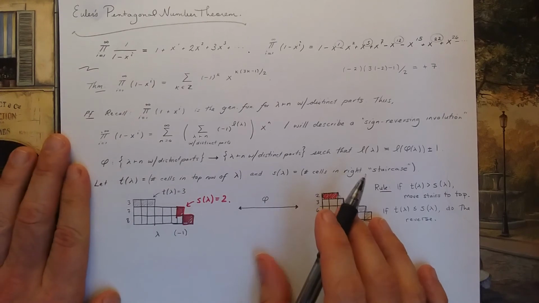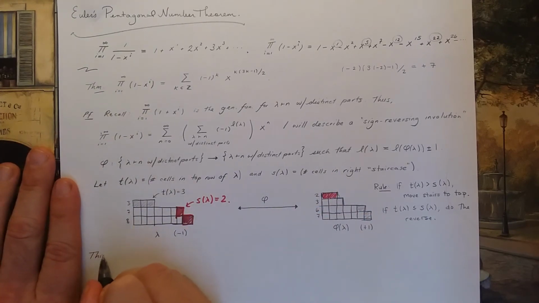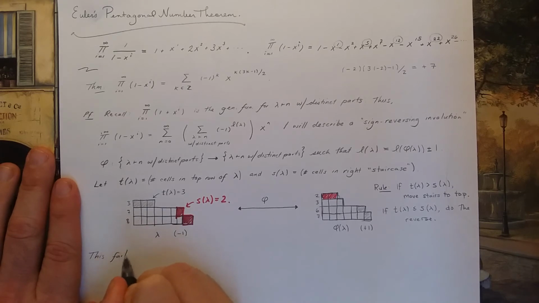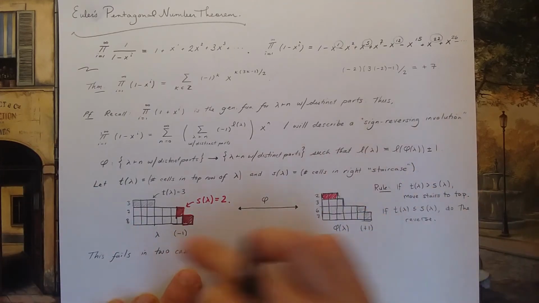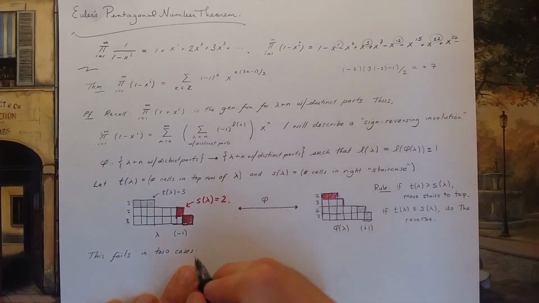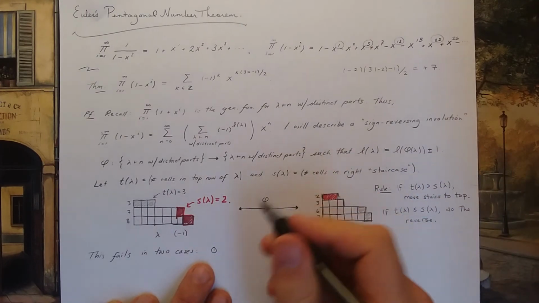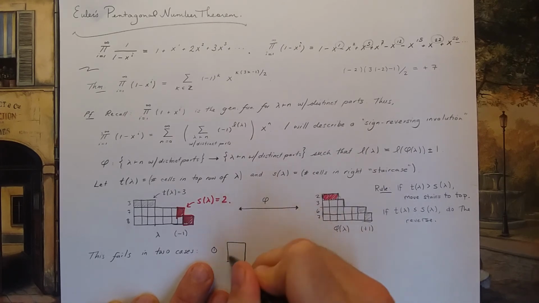So this fails exactly twice. So this fails in two situations. I'm going to draw you the pictures of when this fails, and I think you'll see exactly why it'll fail. So here's case 1 of failure. Let's say I have a square.